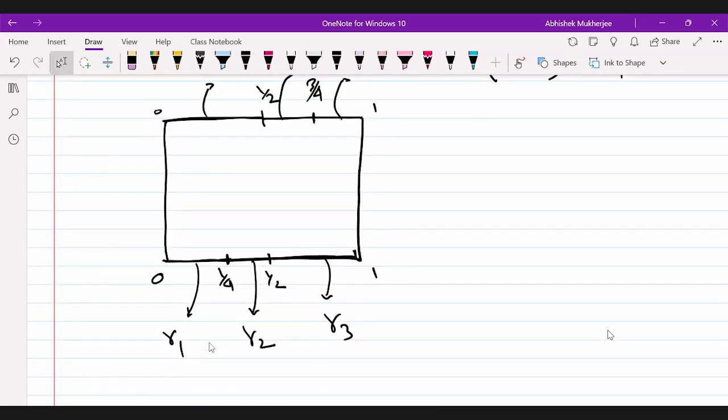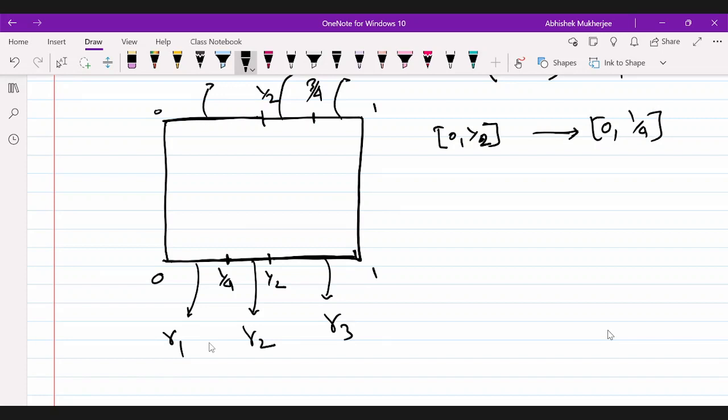Great. So you need to make some changes here. That means you need to put that 0 to half portion to this 0 to 1 by 4, right? That means you need to consider a map which will take this 0 comma half closed interval to the 0 to 1 by 4 interval.